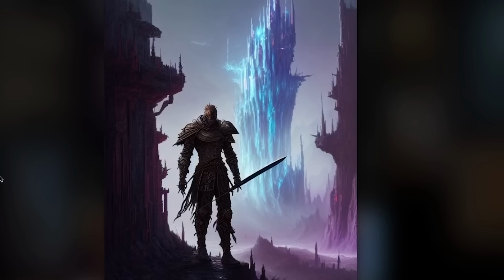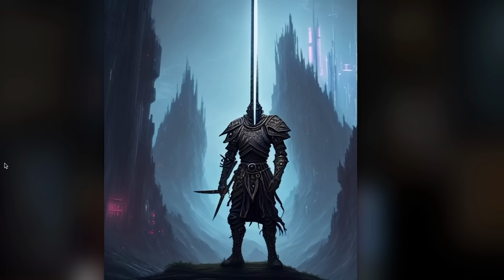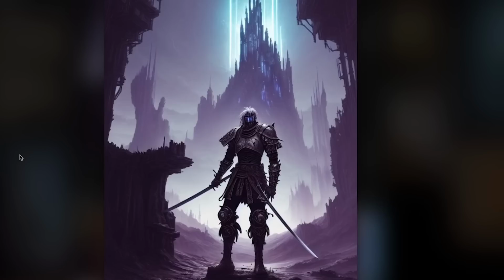A few alternates generated as well, such as this one. This bizarre one with our knight that has a giant sword coming out of his head. And then lastly, this one. Again, I think that anytime you type in cyberpunk, you're going to get those sort of neon purple and blue colors. That seems to be the thing that AI recognizes as this means cyberpunk. So let's move on to Midjourney and see what that got us.